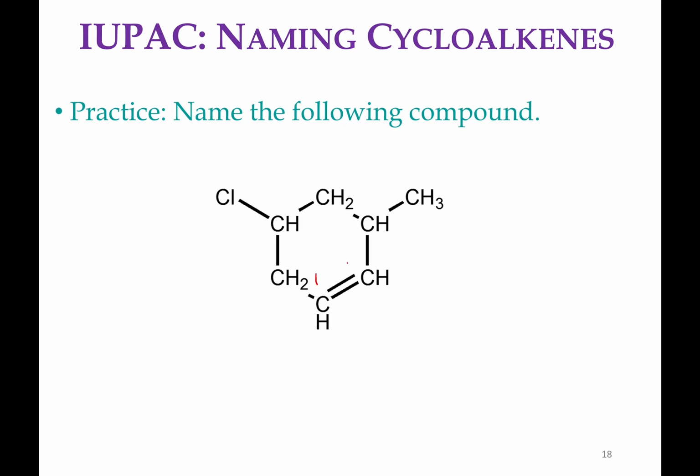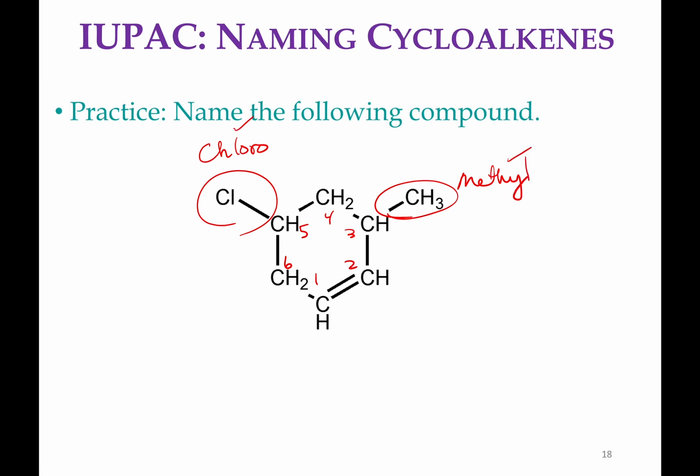Okay. 1, 2, 3, 4, 5, 6. I have a chloro and I have a methyl. So this one's going to come first because it's C and then the methyl group. So I'm going to have 5-chloro, 3-methyl cyclohexene. So cyclohexene, we don't need a number 1 because we know we started at number 1 unless it was a diene.